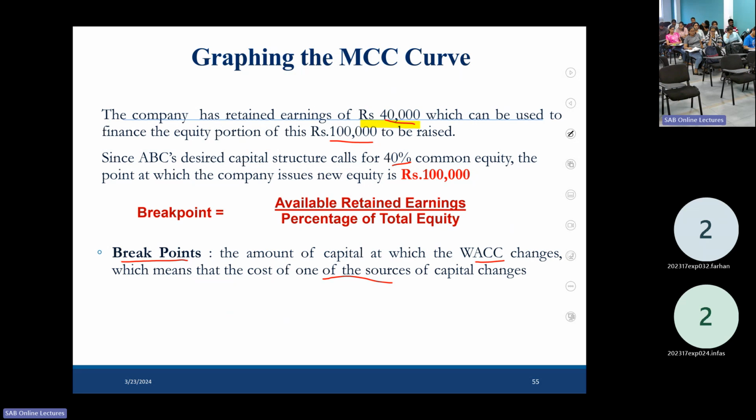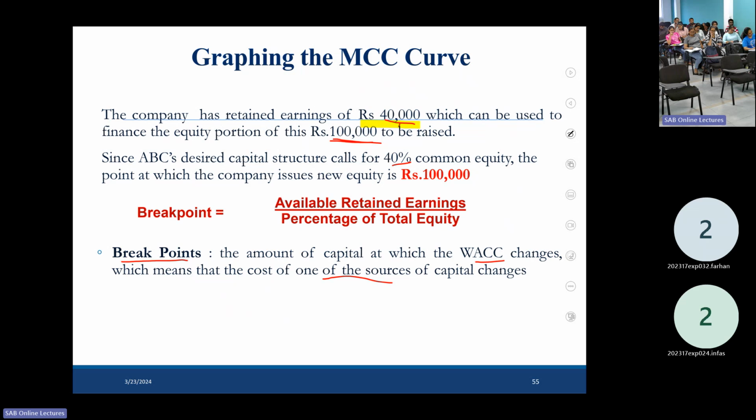Their capital structure is 40% equity, 40% debt, 20% preference shares. So if the total capital requirement is 100,000, this 40,000 is sufficient to cover the equity portion.